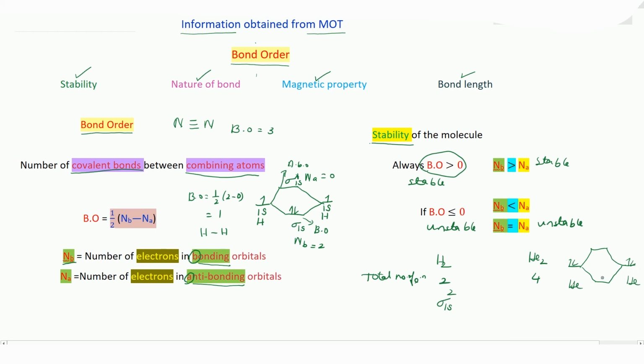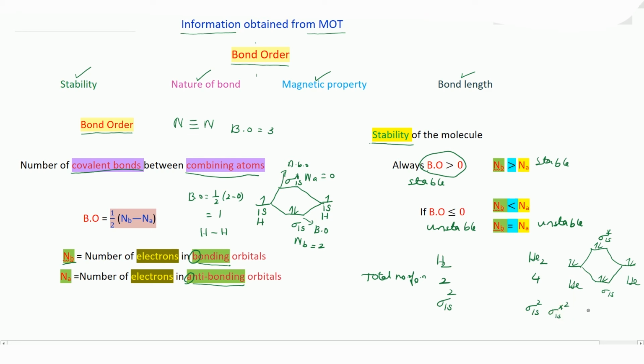So 2 electrons will occupy the lower one, which we call sigma 1s. The remaining 2 electrons will occupy the higher molecular orbital, that is sigma star 1s. Now when you draw the electronic configuration for helium molecule, you can write sigma 1s2 sigma star 1s2.